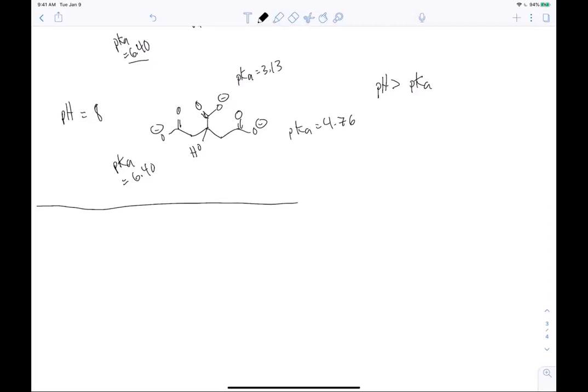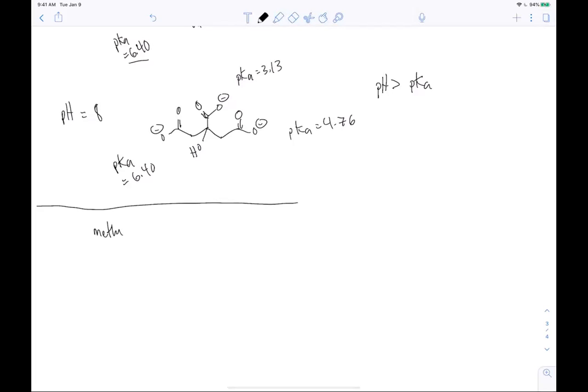So the structures of them are reasonably complicated. Let me pull one up here. Let's say you're looking at methyl yellow.